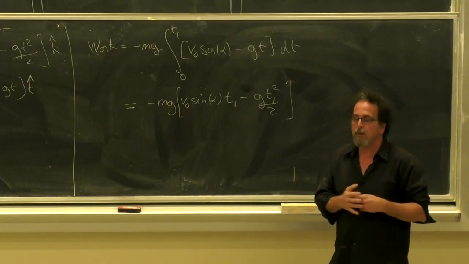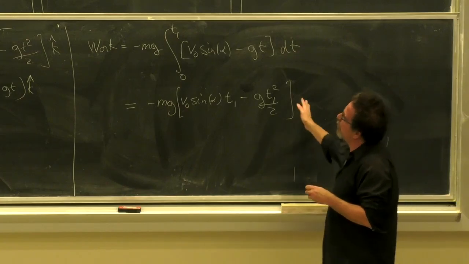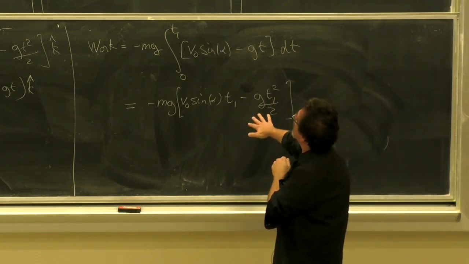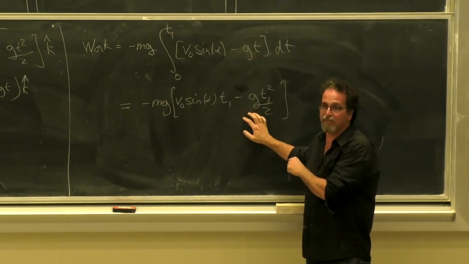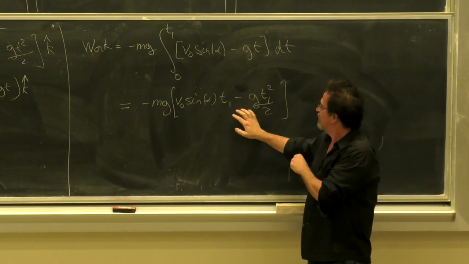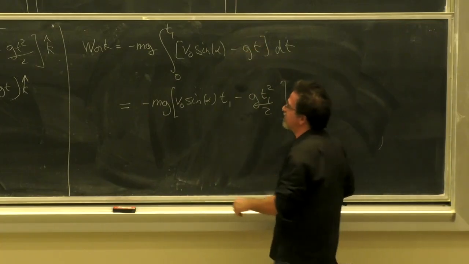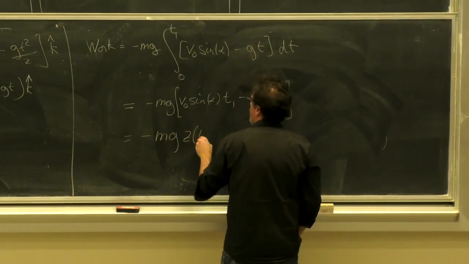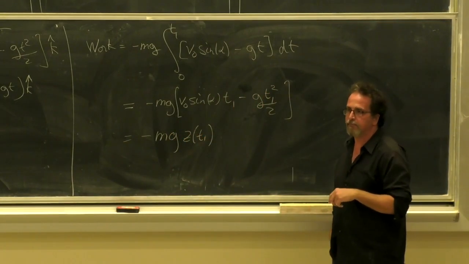But what's something interesting about this equation? If you take a look at the term in parentheses right now, you'll see that, hey, that's just z of t. In this case, it happens just to be z of t. So in fact, this is z of t1, the height at t1.